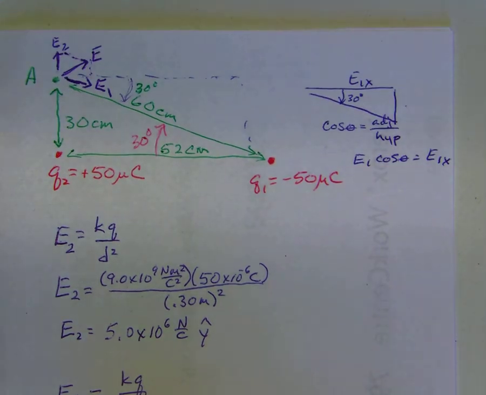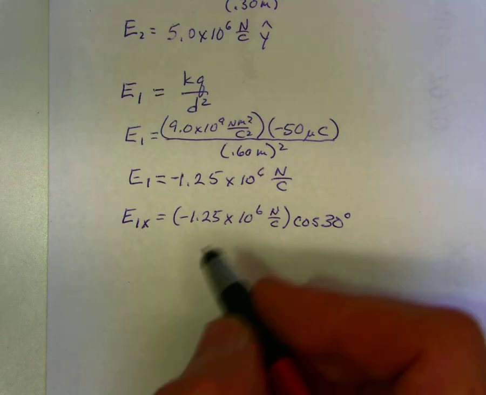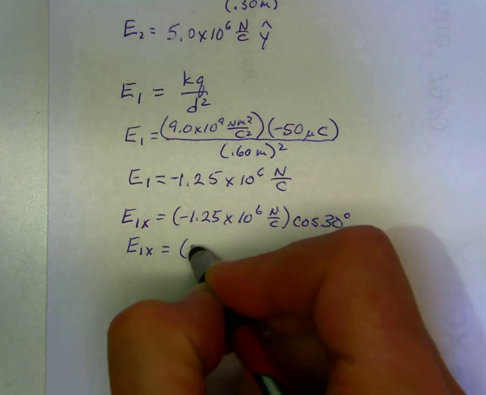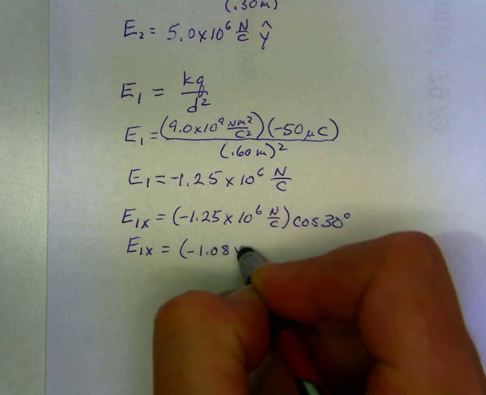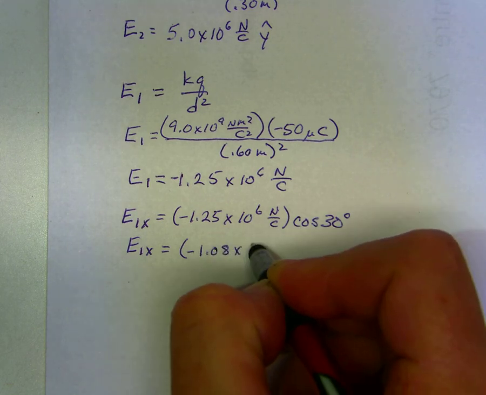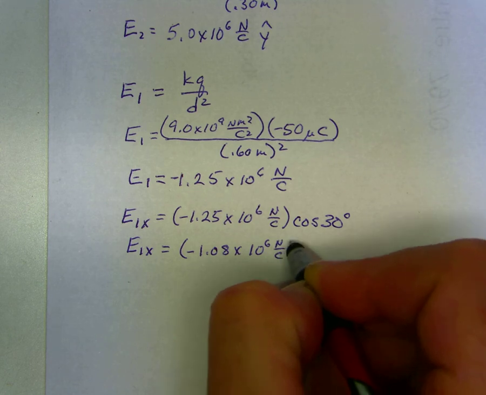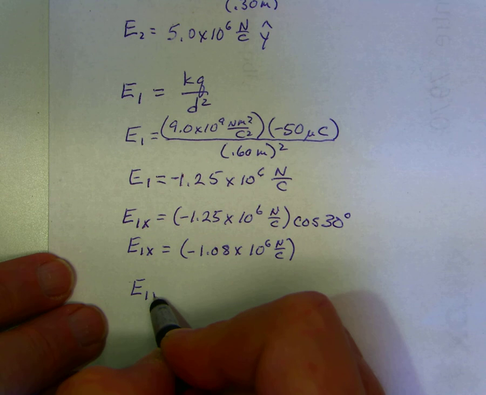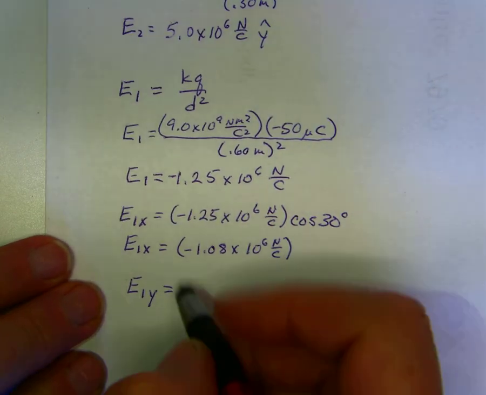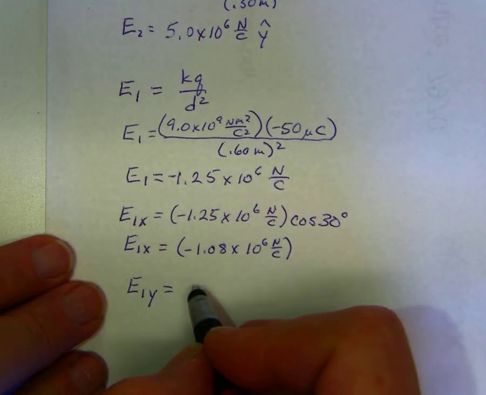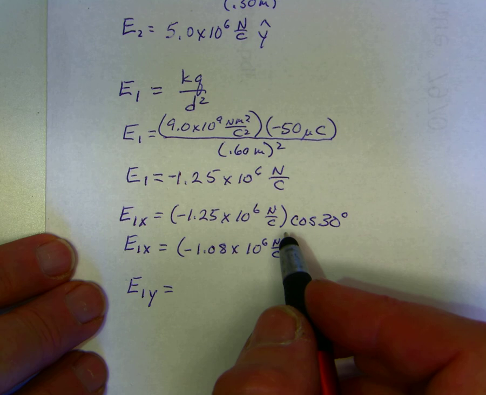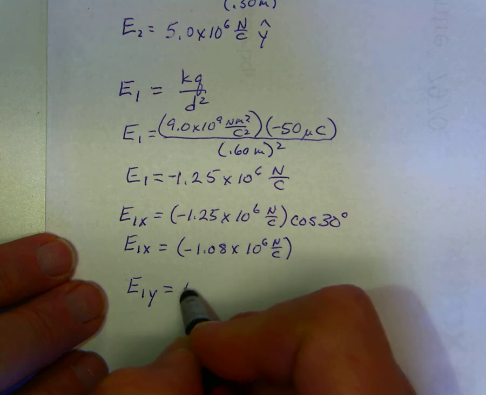And Cassie, what we're doing here is, if you make a triangle like this, where here's your angle of 30 degrees, here's your opposite side, here's your adjacent side. If I want the part that's going this way, that's the adjacent. So cosine of theta is adjacent over the hypotenuse.